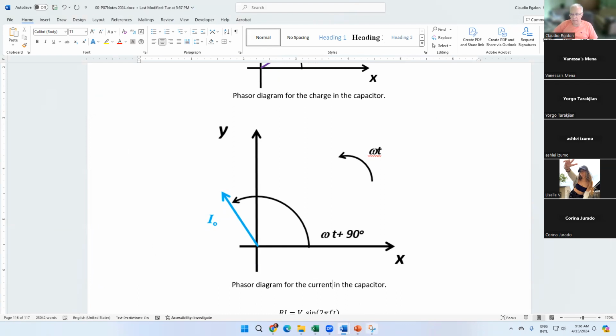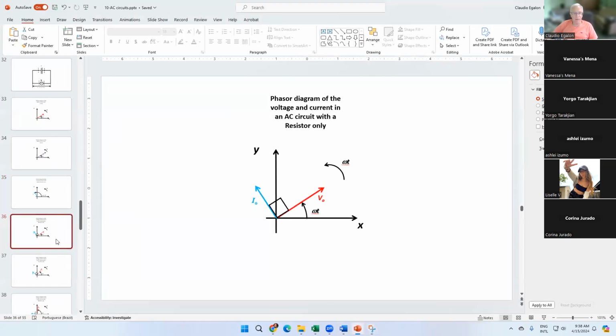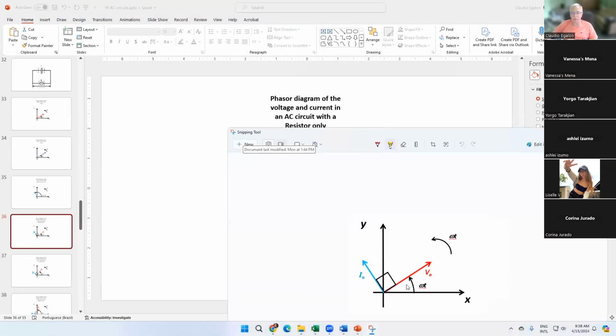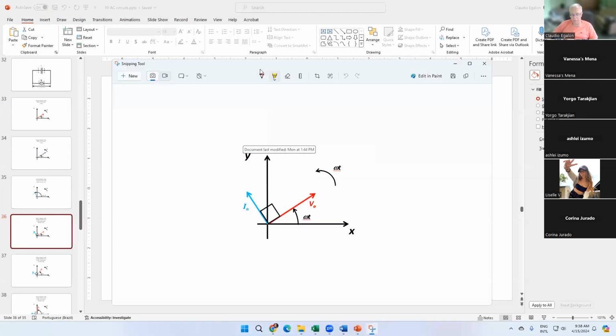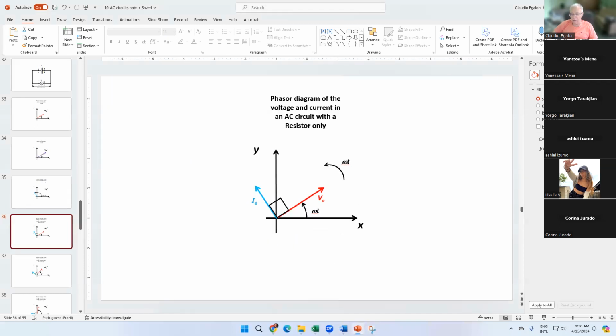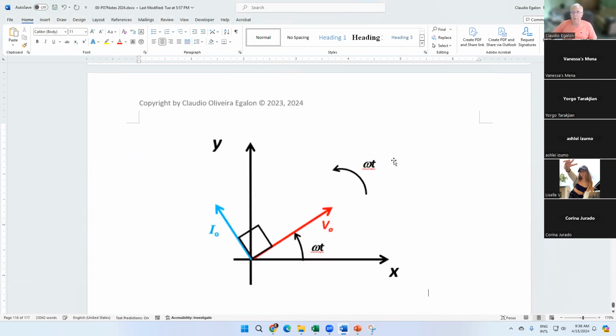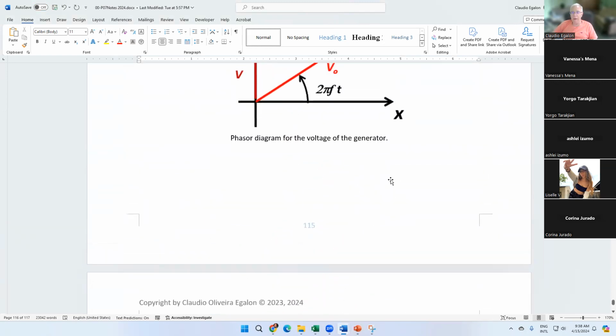And finally, we're going to overlap the phasor diagram of the generator and the phasor diagram for the current.